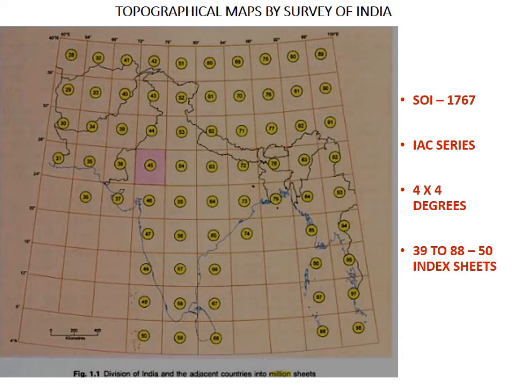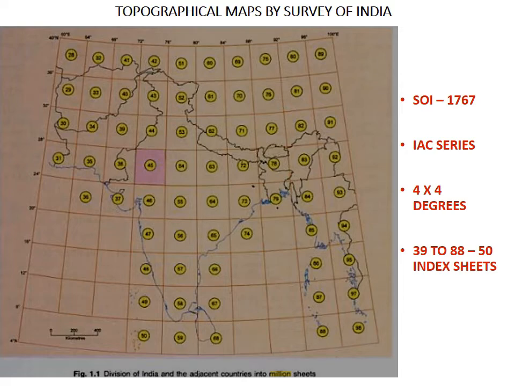And Survey of India, which was formed in the year 1767, has divided the entire country into grids of size 4 degrees by 4 degrees, which are called million sheets. Every 4 degree by 4 degree area forms one grid, and that is called a million sheet.